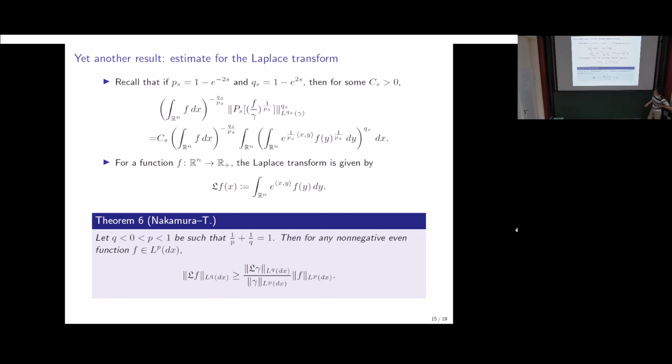If you use this Laplace transform, then we can reformulate the reverse hypercontractivity like this. This means that if the Laplace transform of the L^p function is bounded below by this term, and actually this inequality is equivalent to the reverse hypercontractivity, as I mentioned.